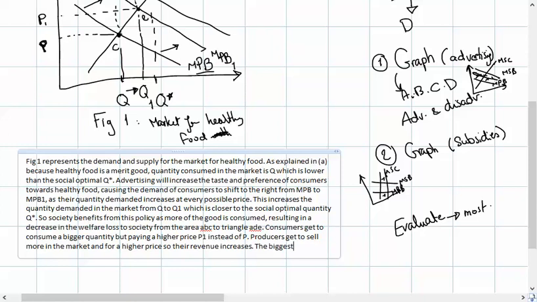The biggest cost is on the government. Also give a hint of your priorities. Don't just mention facts. Mention that this cost is the biggest. So even though consumers pay a higher price, the biggest cost of this policy is ultimately on the government, which has to pay for the cost of advertising.